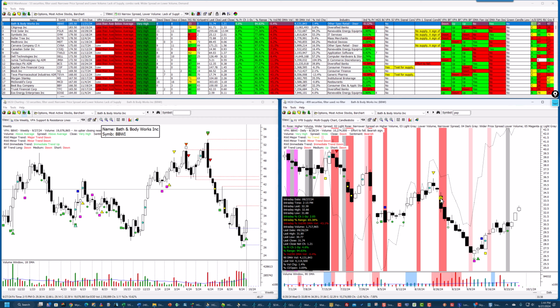Now if you click on any of these bars, it will tell you what happened on that day with the Wyckoff indicators. Volume was very high. We can see that. The spread was wide and the close was down. And the sentiment was bearish and the industry group was going down at the same time.